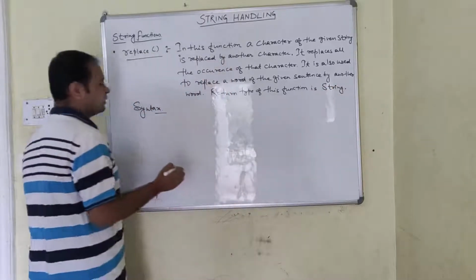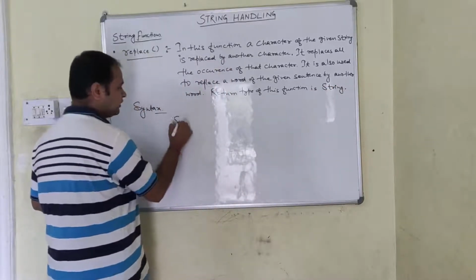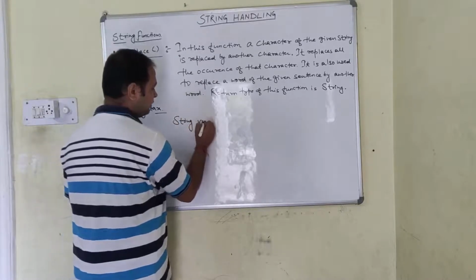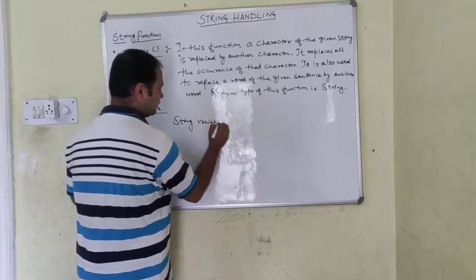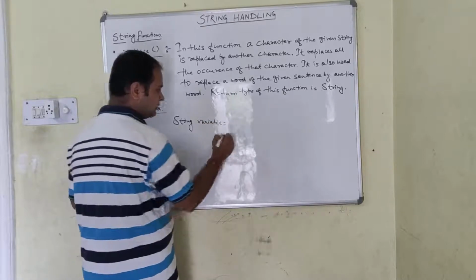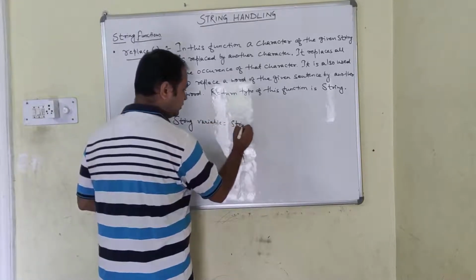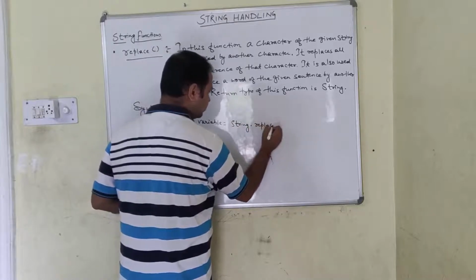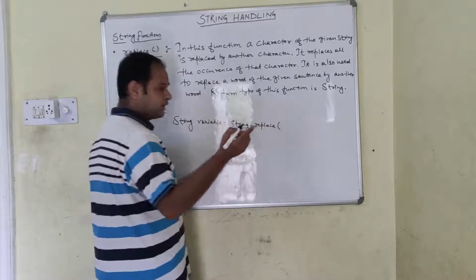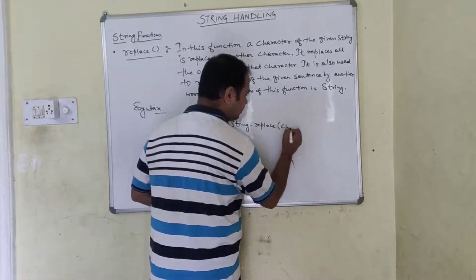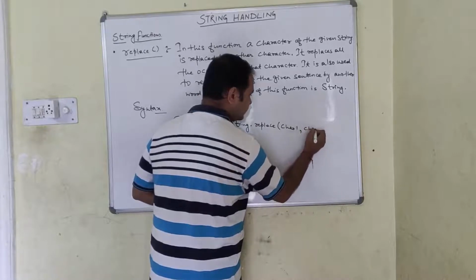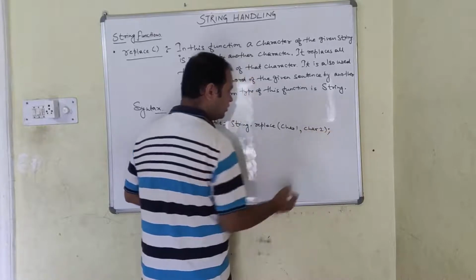Syntax: string variable is equal to string dot replace. Now one character by another character, so I am writing here char1, the first character, will be replaced by the second character, char2, semicolon.